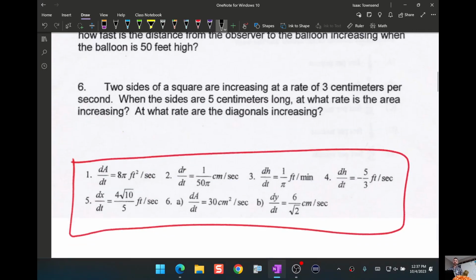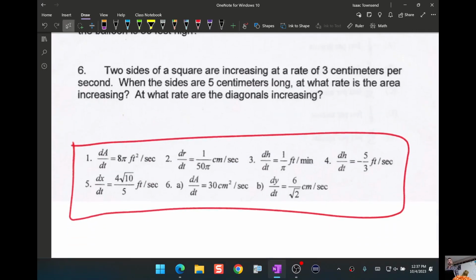So again, the answers to the first 6 are down on the bottom of page 1. When you finish one, if you did not end up with 8 pi square feet per second, and you don't see why, I need you to call me over to help.